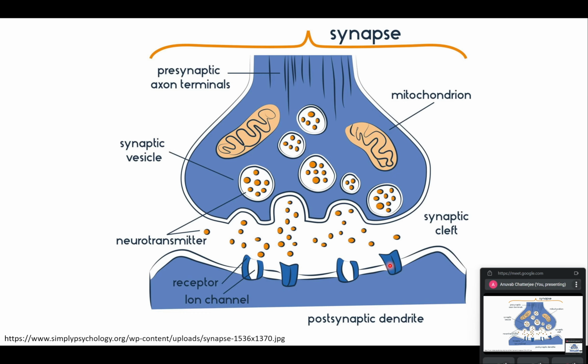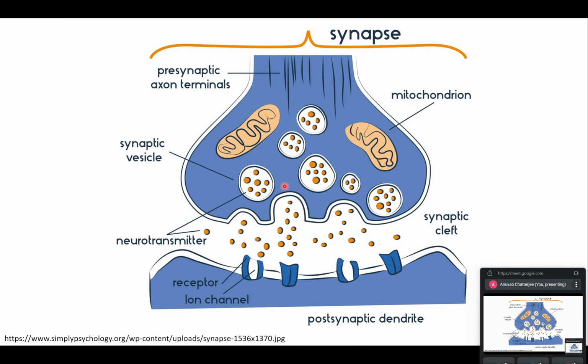Once they are bound, these receptors, which are essentially ion channels, are ligand gated ion channels. These will receive the signal and start opening up. Most of the time these are either sodium or calcium channels, which allow positive ions to go into the next neuron and increase the neuron's membrane potential.